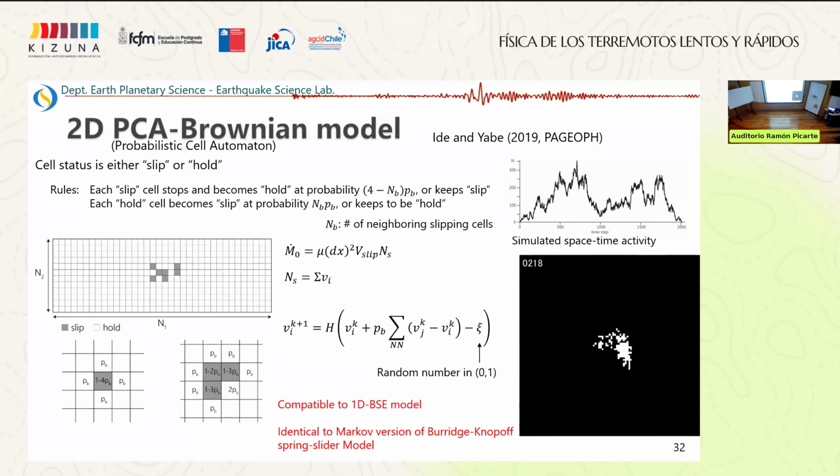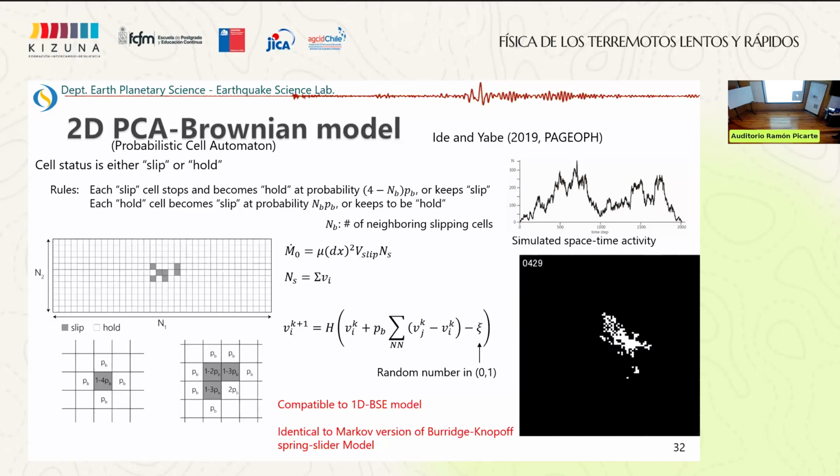It is the so-called cellular automaton. So we can introduce some simple rule to change the status of each box cell to slip or stop. And this is a totally stochastic process.